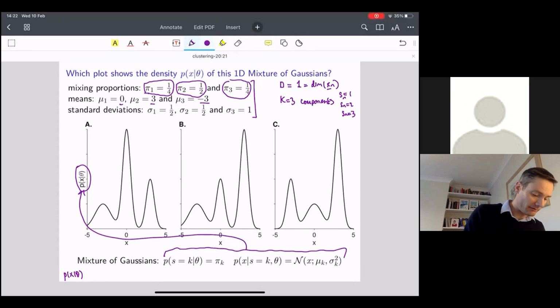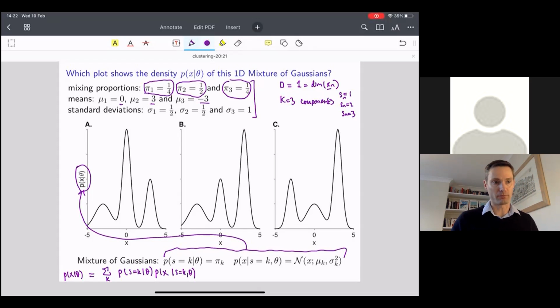The way to do that is to use the sum rule. So we know that p of x given theta is equal to the sum of p of s given theta times p of x given s and theta, marginalizing out over all possible settings of the variable s. This is the sum rule of probability.